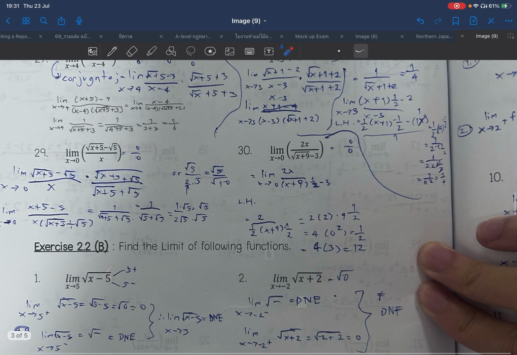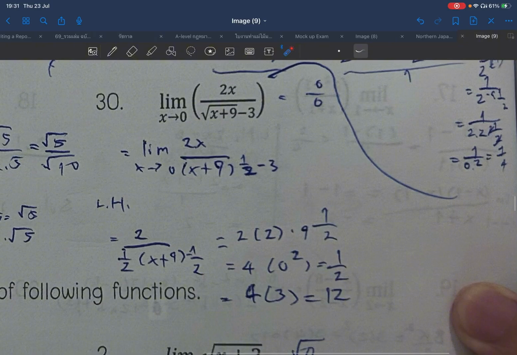Alright, number 30. So we multiply top and bottom by the conjugate, root x plus 9 plus 3.